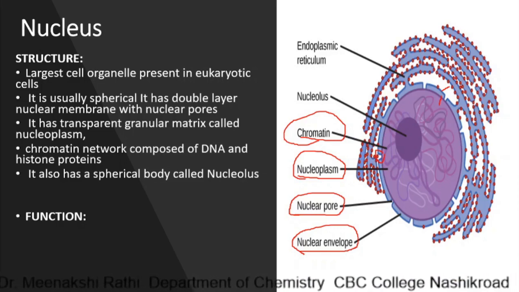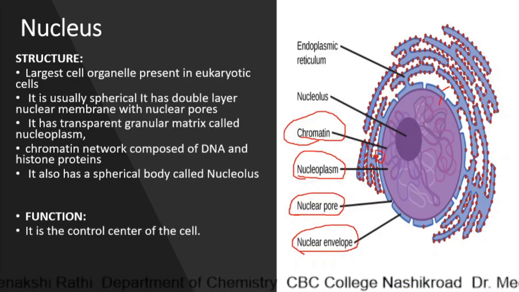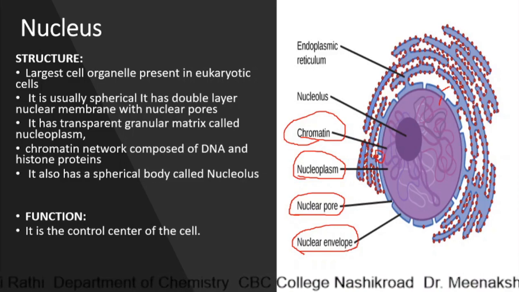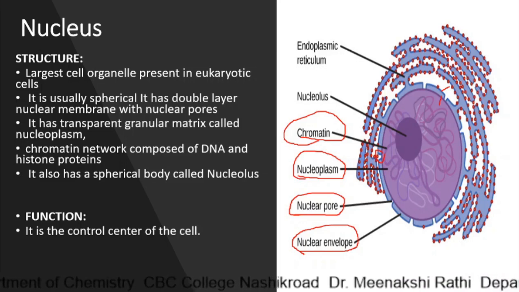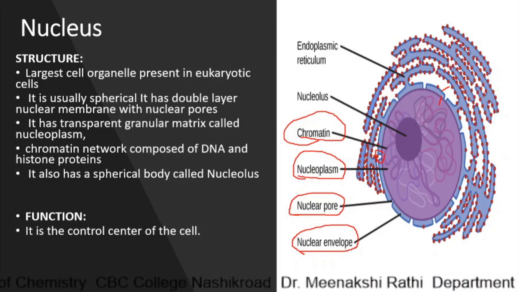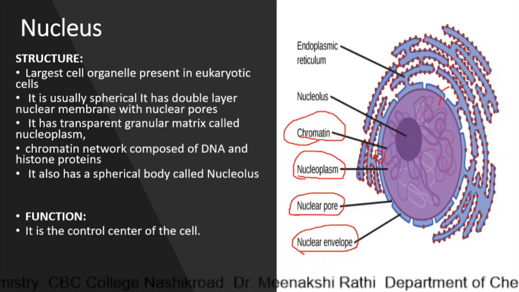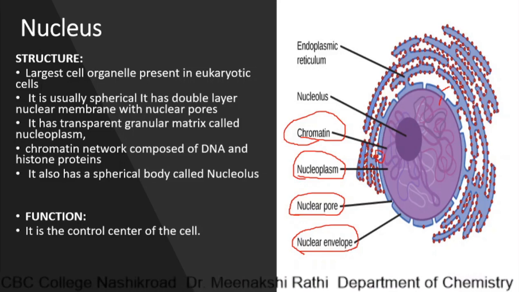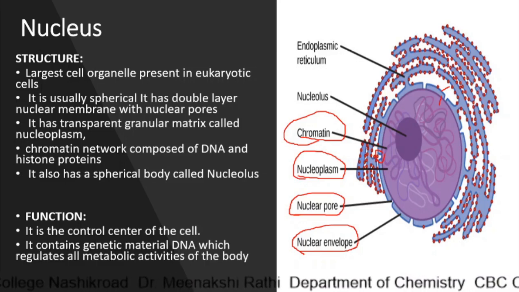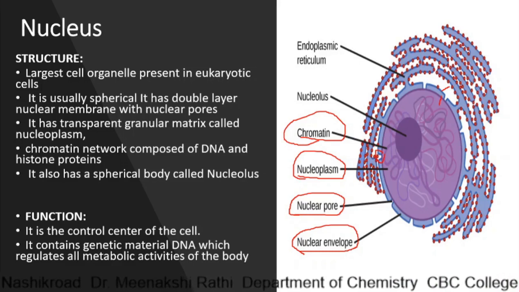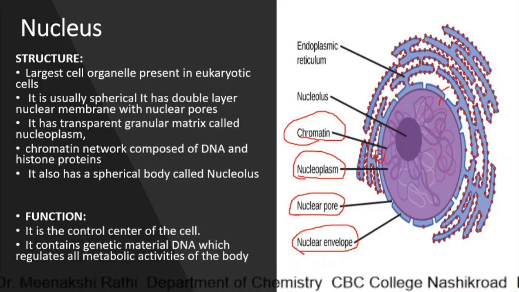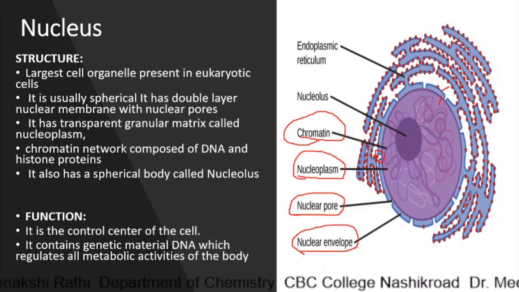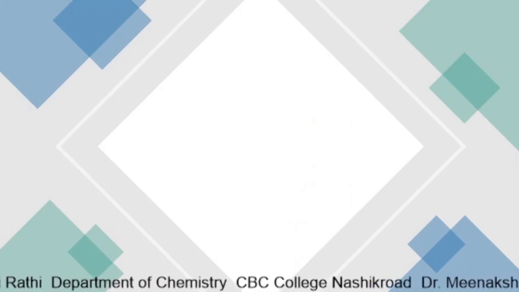The main function of the nucleus is that it is the master of the cell and it controls all the functions of the cell. It contains genetic material, DNA, which regulates all metabolic activity of the body. So, thank you.